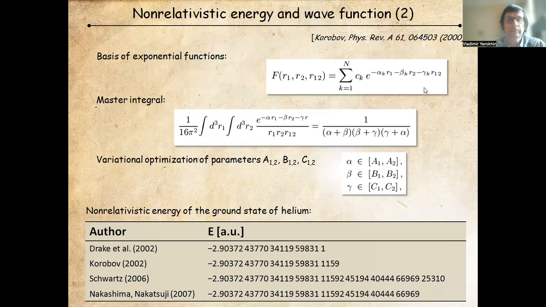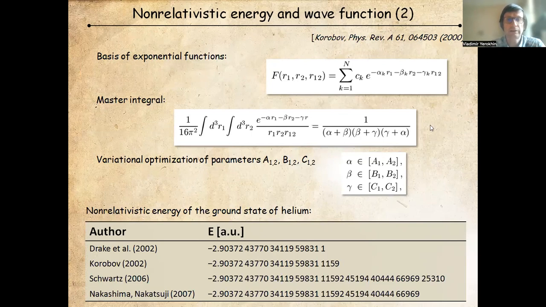This basis was introduced for helium calculations by Vladimir Yerokhin. It's a very powerful method, and one of the important advantages is that all radial integrals with such basis functions are calculated analytically and very efficiently.